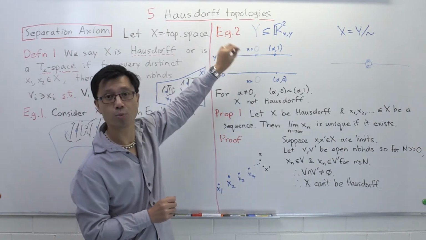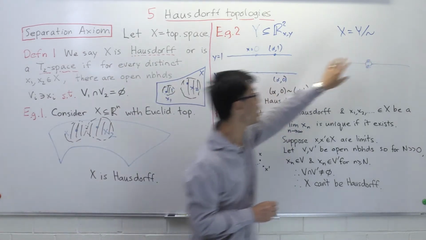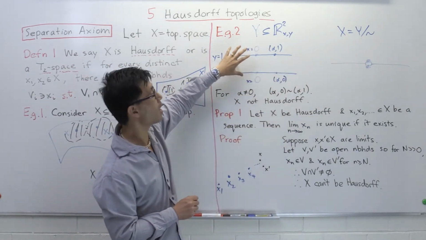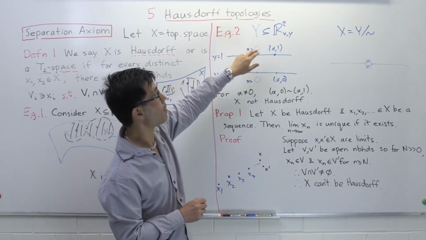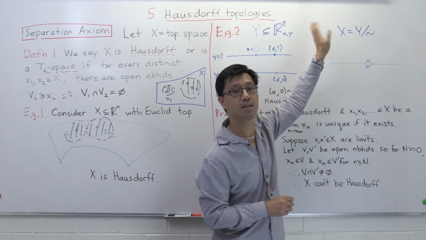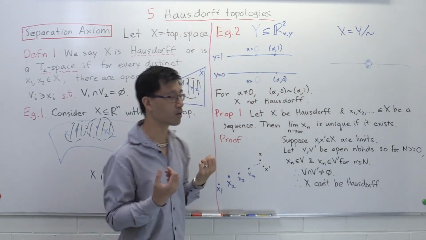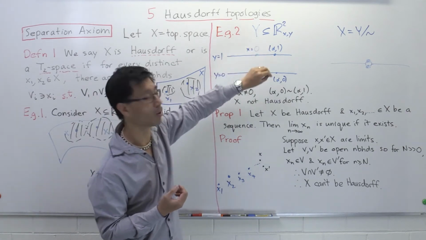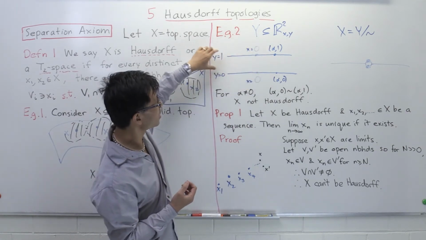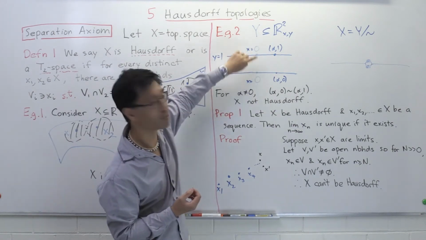And what we're going to do is form a quotient space out of that. We're going to put an equivalence relation on Y, and that defines a map from Y to the set of equivalence classes, and then we put the quotient topology on that. So what's the equivalence relation? It's very simple. We're basically going to zip up these 2 lines to be the same everywhere except at 0.